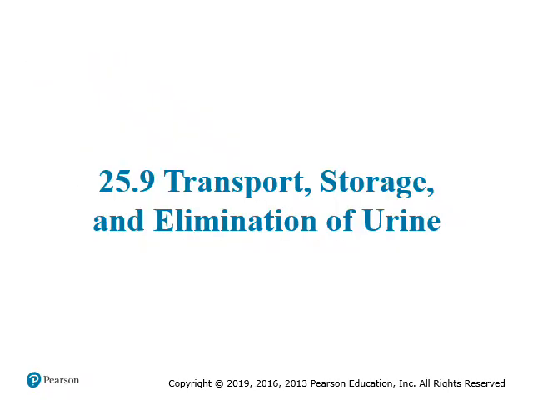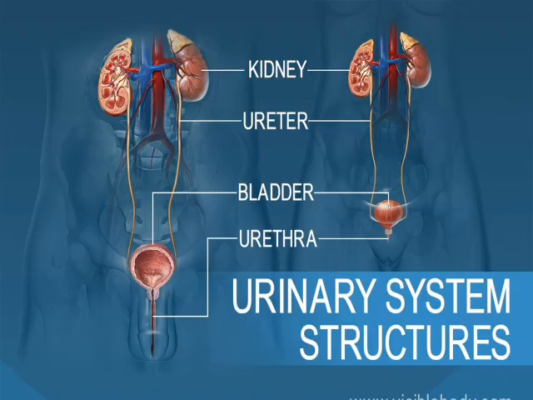Now, from the kidneys, how will the urine be transported, stored, and eliminated out of the body? The ureters, a pair from the kidneys, transport the urine from the kidney into the bladder for storage.